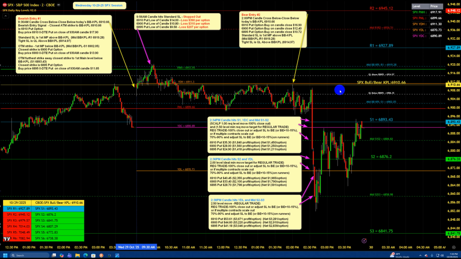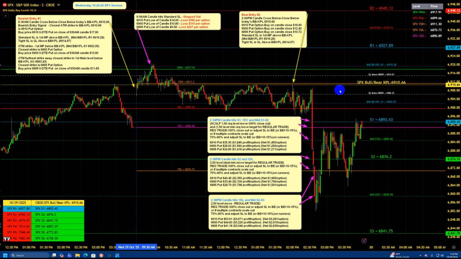The way you determine those strikes depends on what level you're trading from and whether it is a bullish or bearish trade. For example, this trade, we're trading off of the bull-bear KPL. It's a bearish trade, and the bull-bear KPL is 6910.66.